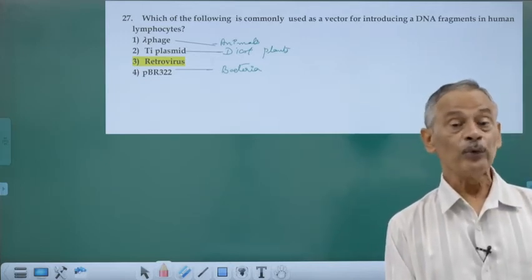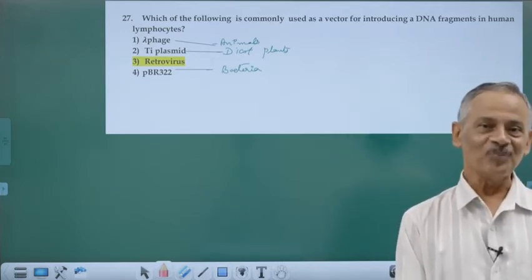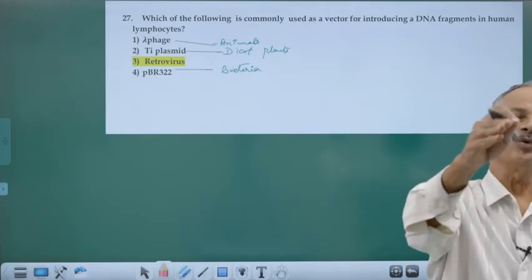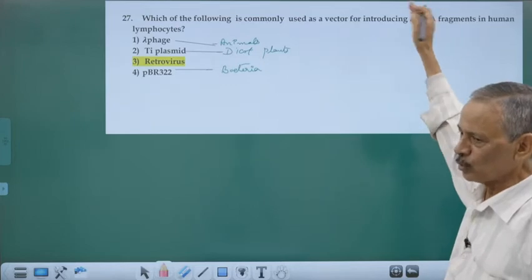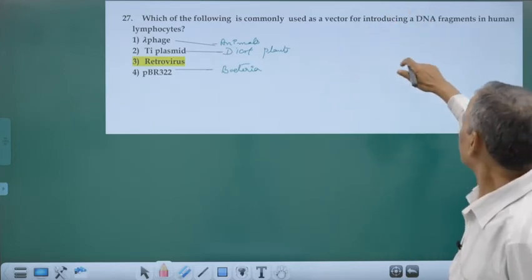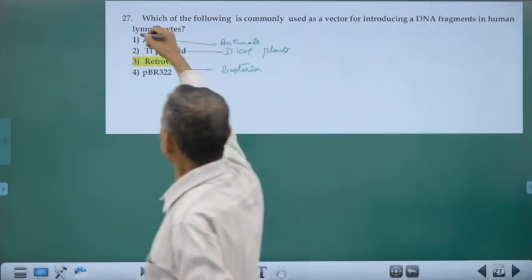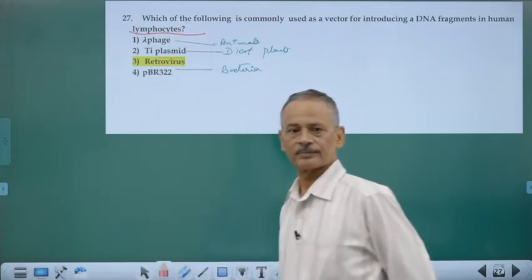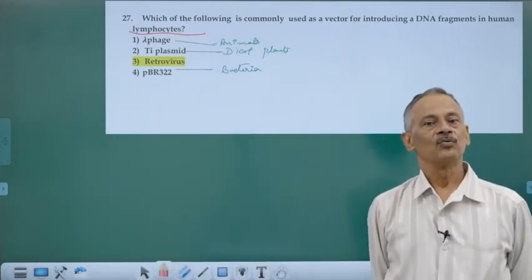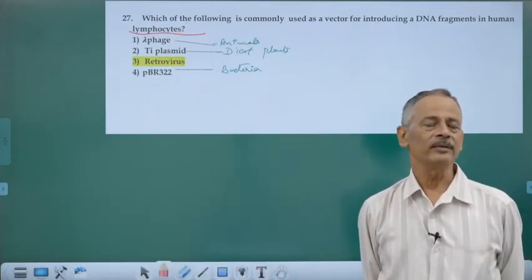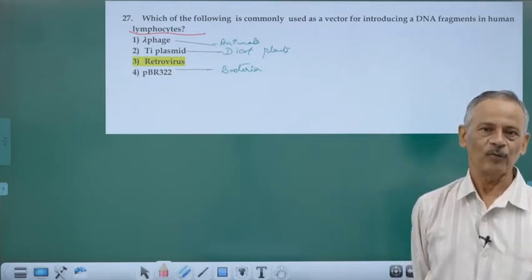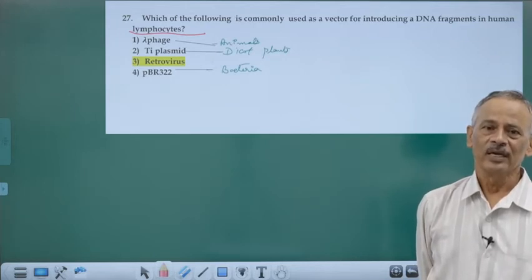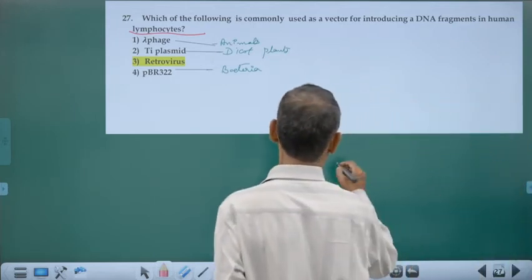We cannot use plasmids because plasmids will enter into bacterial cells. Here, the host cell to which we want to give a donor DNA is human lymphocytes, blood cells. For transferring to humans, we will be using retroviruses. Nowadays, we are using disarmed pathogens.